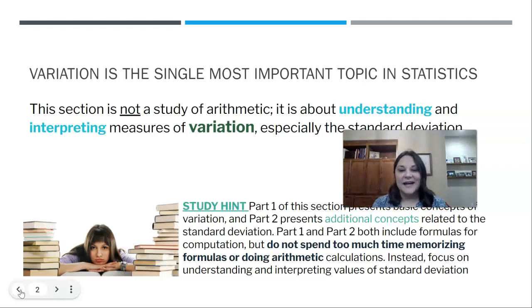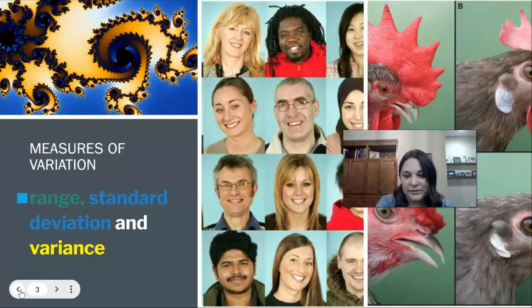Okay, so study hint number 1: part 1, this video that I'm creating, has basic concepts of variation. Part 2 has additional concepts that I will be testing in the homework, but don't spend too much time memorizing any formulas and doing too much arithmetic.